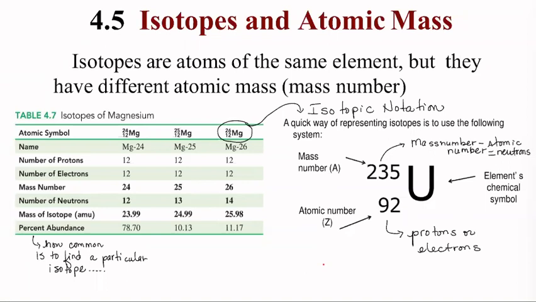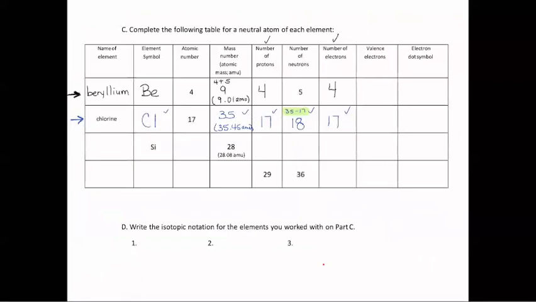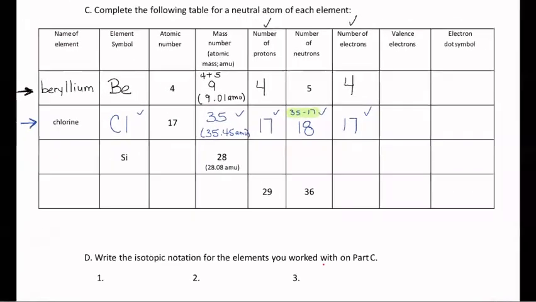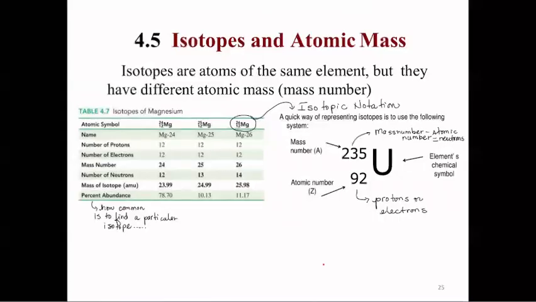So as you can see, even if you're given isotopic notation, you can derive the information that we were talking about for the elements in the periodic table. So now we are going to go back into the table that we were working with, and we are going to finalize some of the information that we have here. So let's go through the following. Let me just zoom in on it.